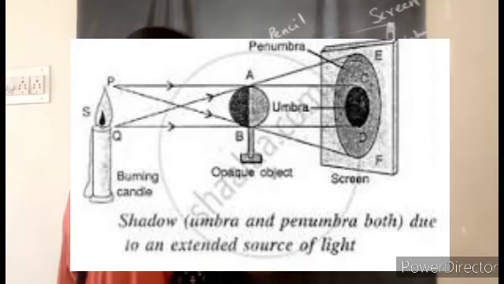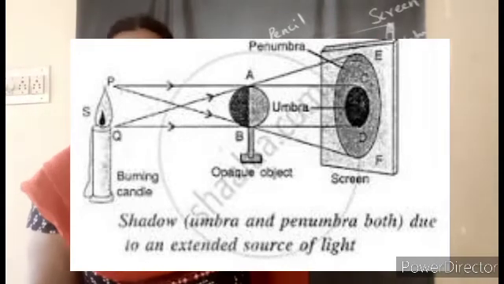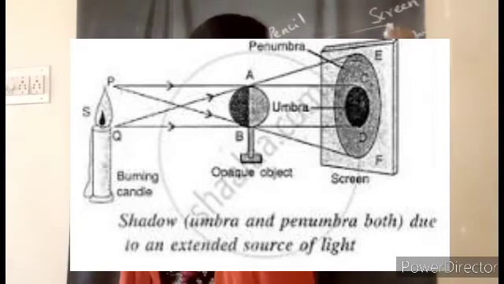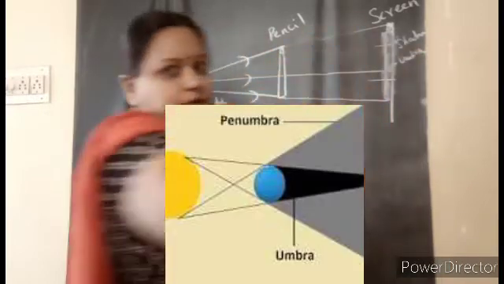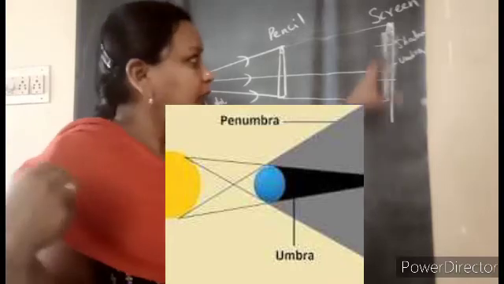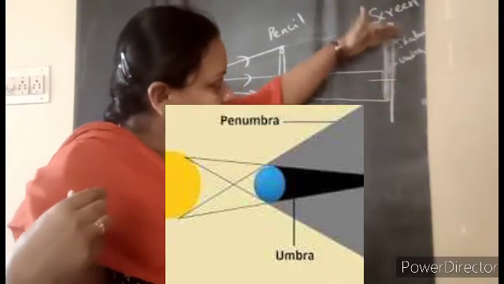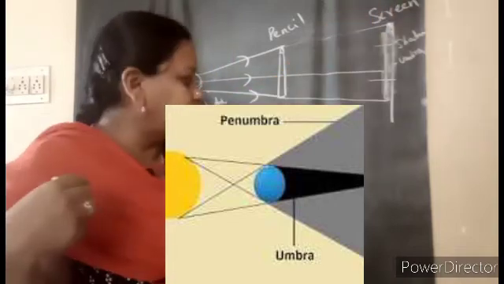For example, see the shadow of the pencil that we have drawn, which you know will be black. The middle part, the dark shade of the shadow, is called the umbra region. Near it, covering the umbra, there will be the penumbra region.